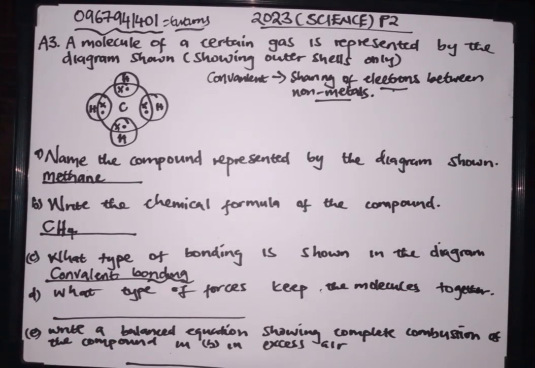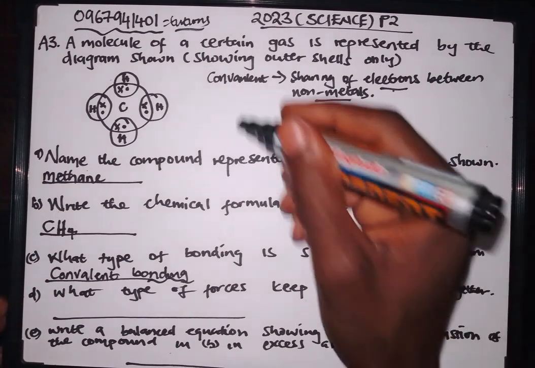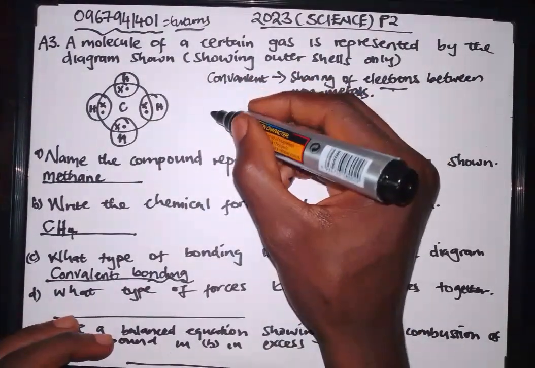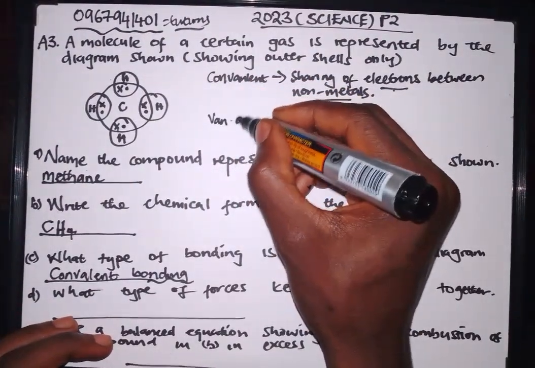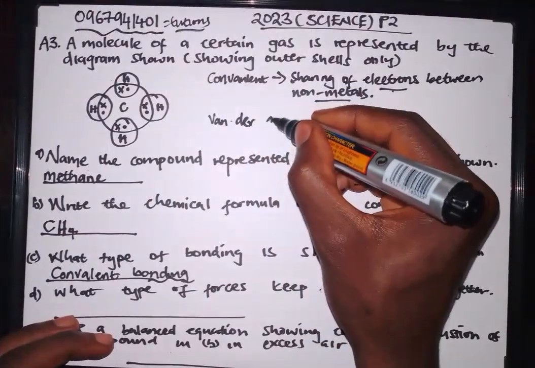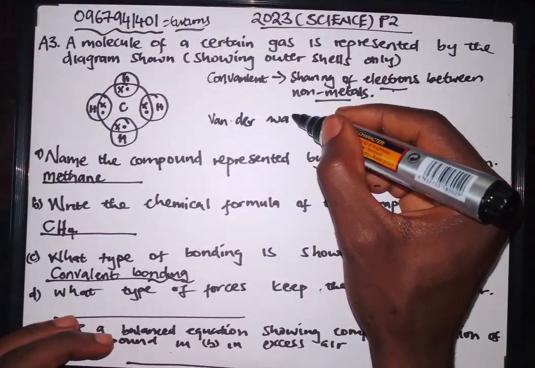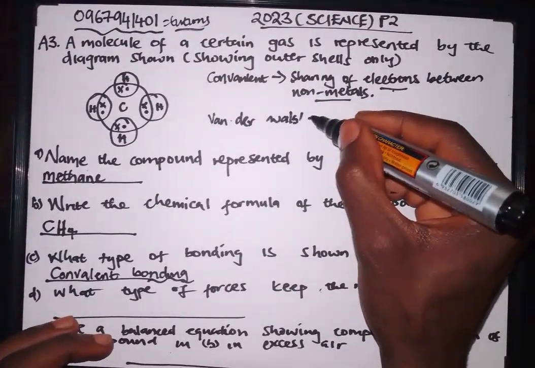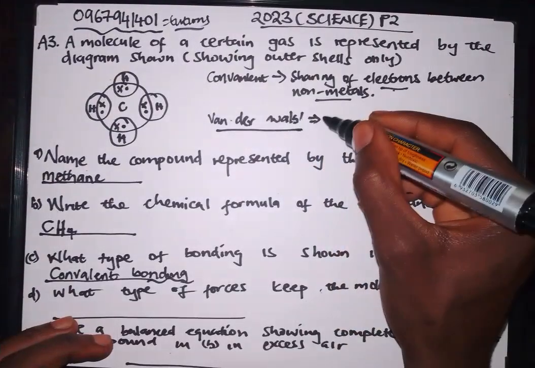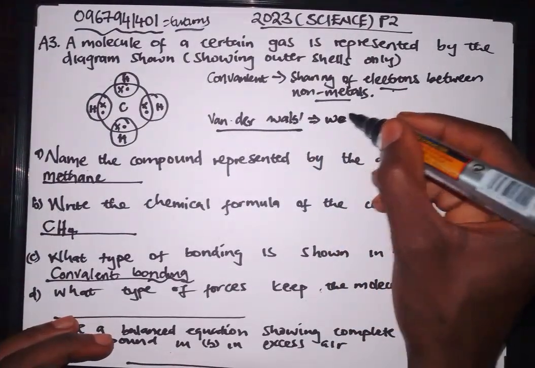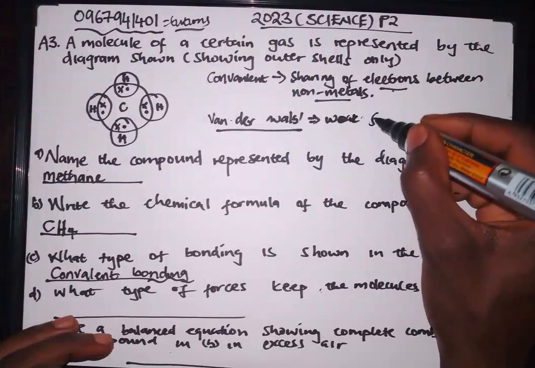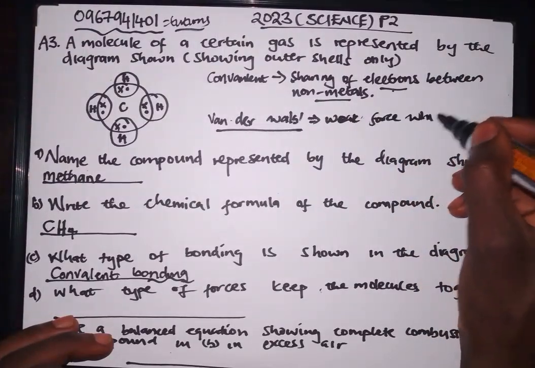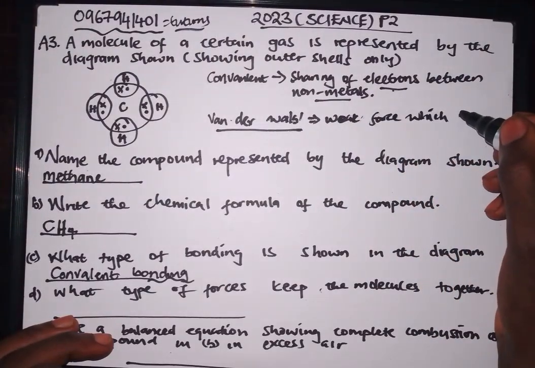In covalent bonding, there are forces which are known as van der Waals. These forces are basically weak forces which hold the atoms together.